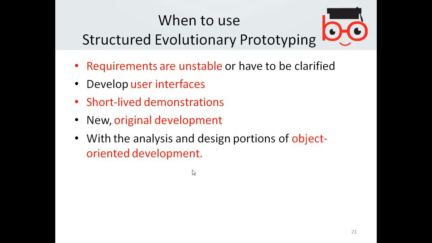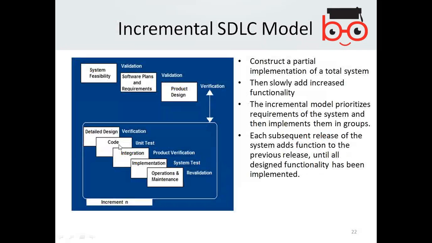Now, the incremental system development model. Incremental is basically you start with the system feasibility, then get the requirements, produce the design, and then you implement the design in little increments.